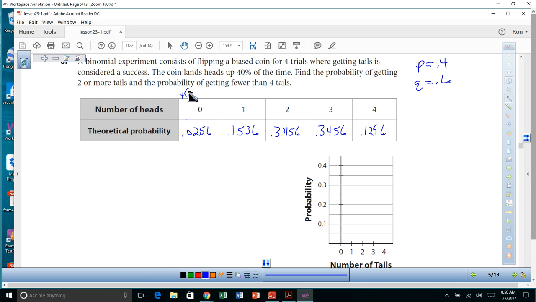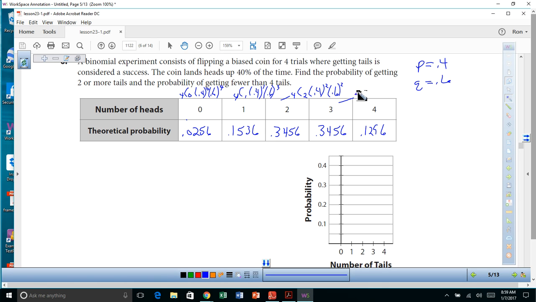So this is going to be 4 choose 0, 0.4 to the 0, 0.6 to the 4th. This one here would be 4 choose 1, 0.4 to the 1, 0.6 to the 3. This one here would be 4 choose 2, 0.4 squared, 0.6 squared.